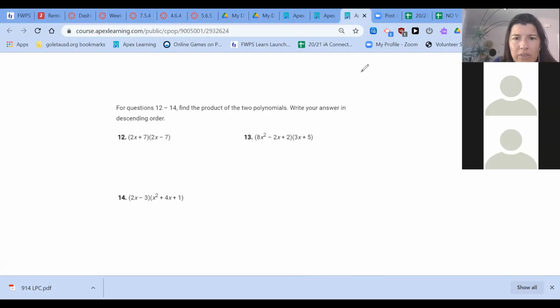All right, let's look at one that looks super scary. Which one looks the scariest? 13, all right. All right, so when you set up a box here, notice we have 3 terms and then 2 terms. So you're gonna have a 3 by 2 box.